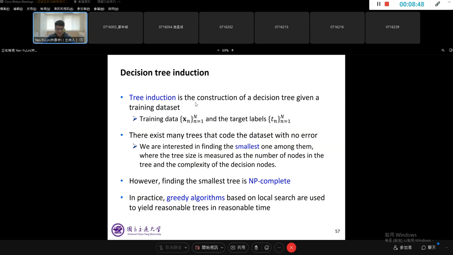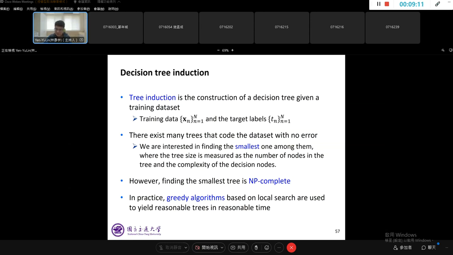So we have the label for data points, and we also have the corresponding ground truths. Because a decision tree could be used for regression or for classification, the ground truths could be regression ground truths or classification ground truths.